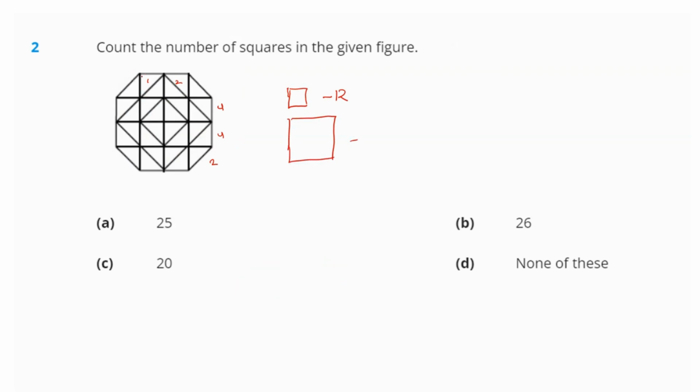It is 1, second one, and the third. Now it is 4, this one 5, and this one 6. So we got 6 squares here.